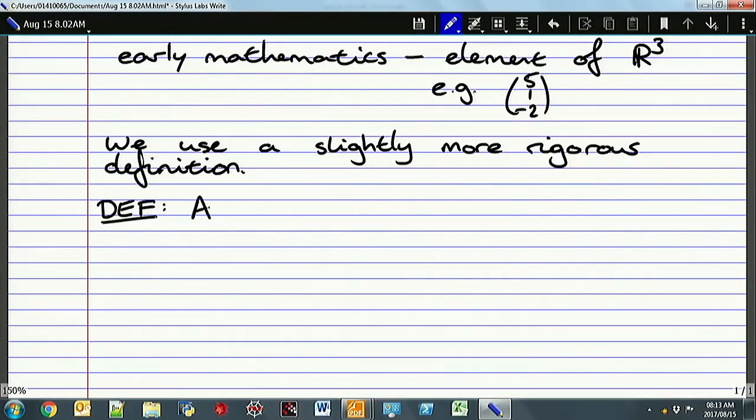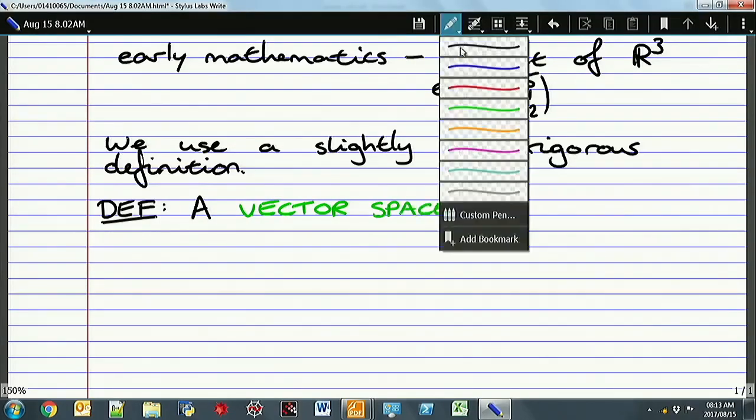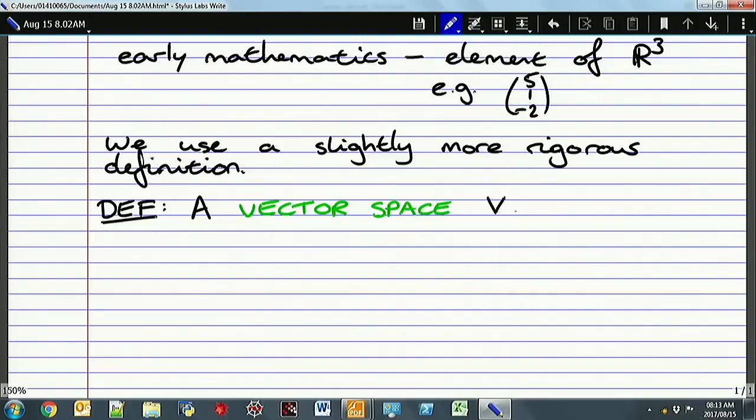So we say a vector space V is some set, generally an infinite set.